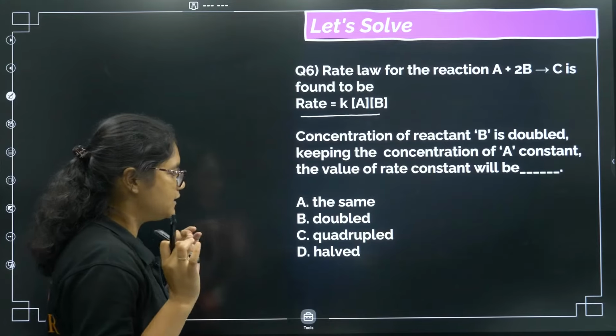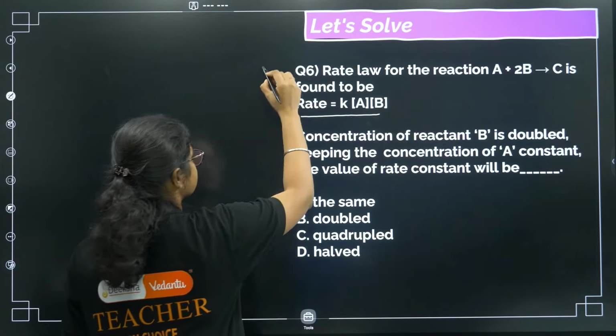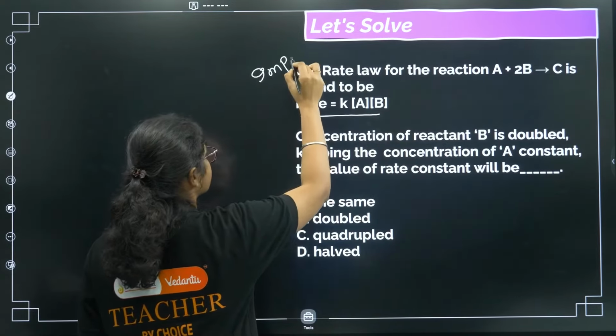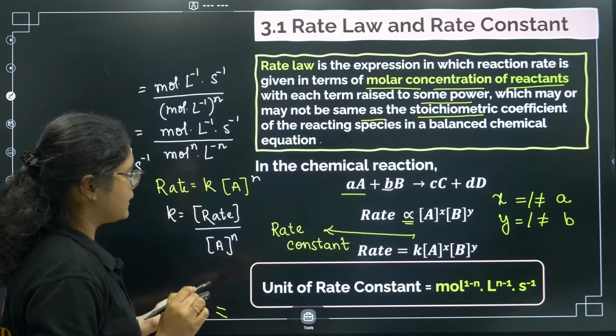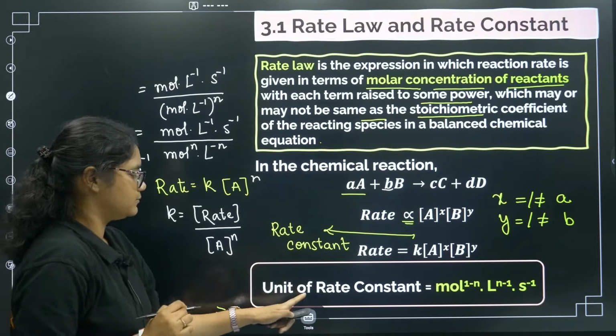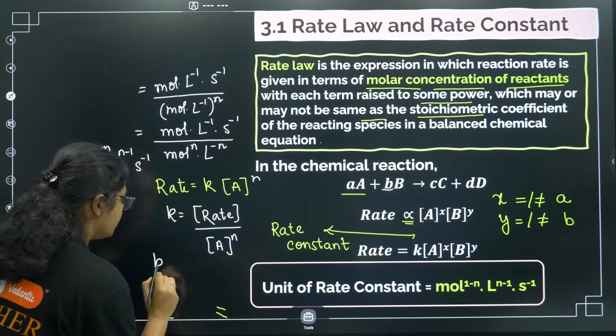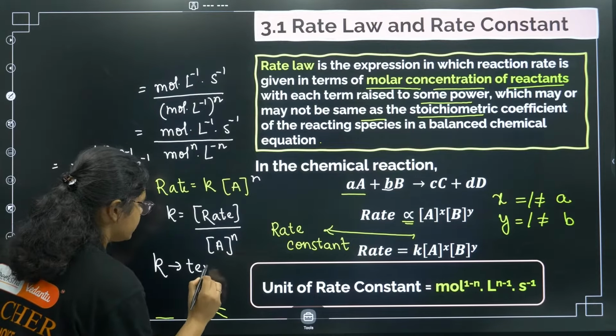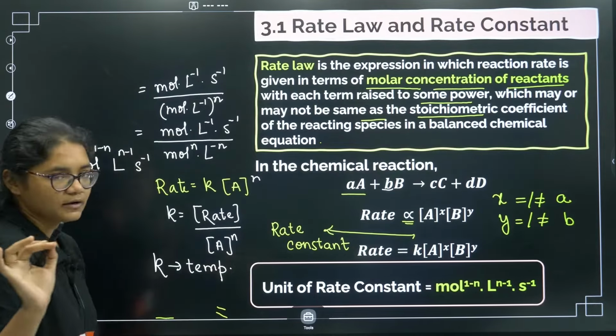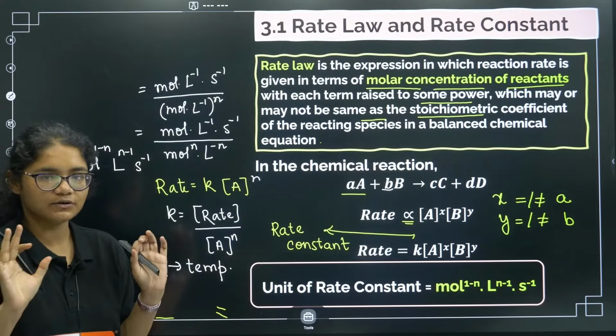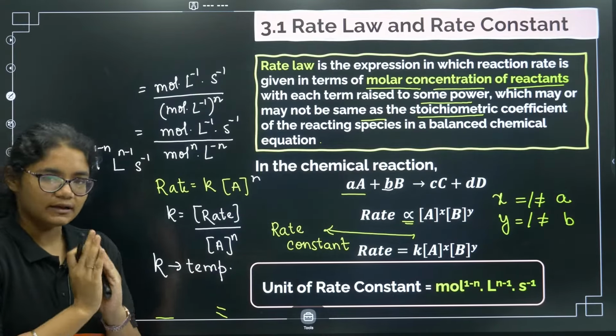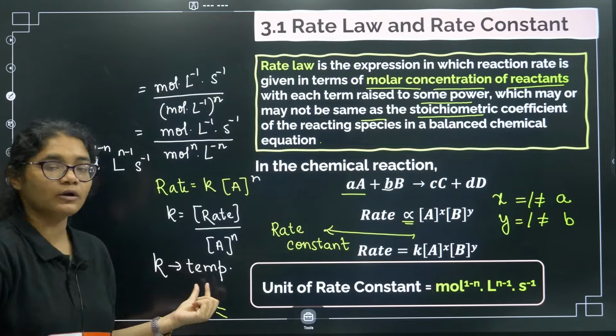Okay, very important question. See, one more thing I'll tell you. This rate constant K depends only on temperature. It does not depend on any other factor. Whether you change the concentration or not, the rate constant will remain the same. It will only depend on temperature.